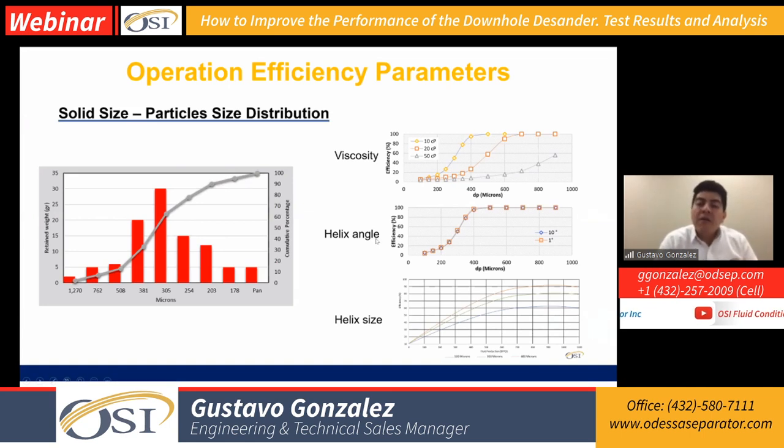The angle of the helix. So now we did the correlation between the same particle size distribution, or PSD, based just on the angle of the helix.